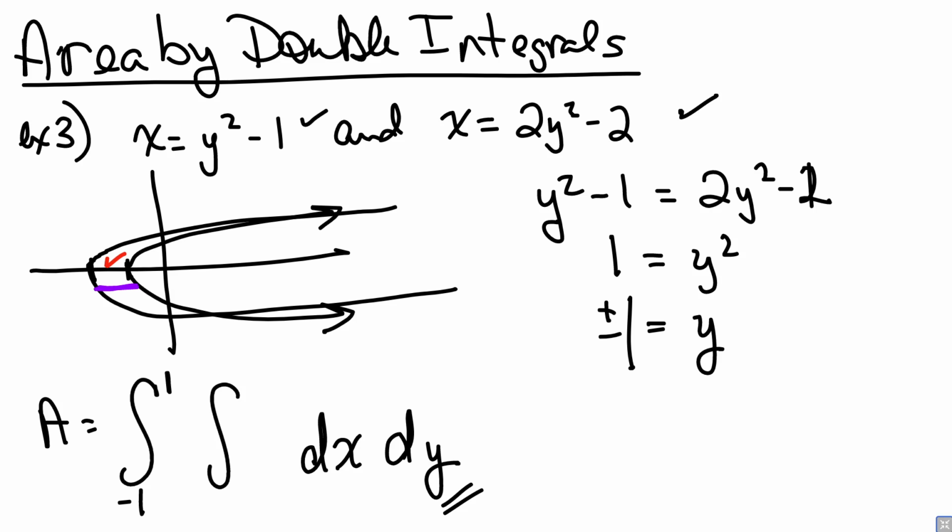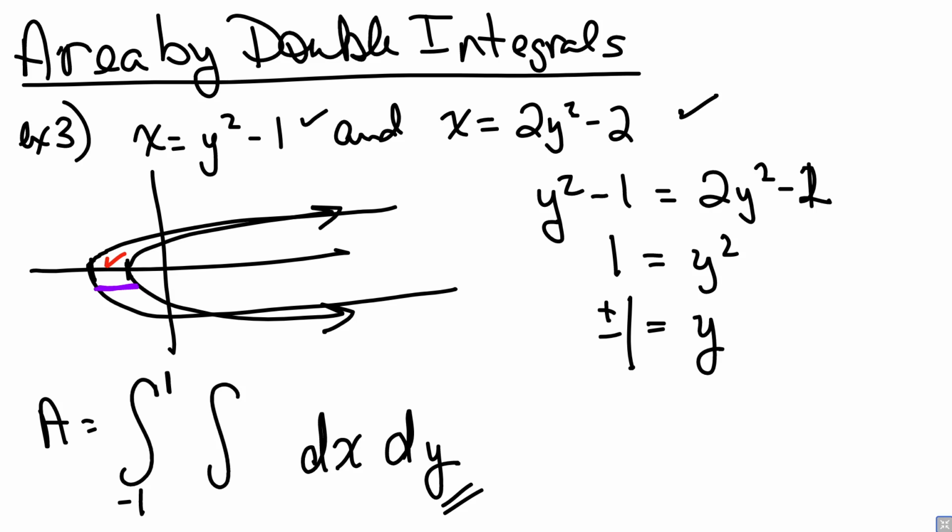So you have to ignore how we set up for area when we were doing it as a single integral, because when we did it as a single integral, we did right minus left. But as a double integral, if we're doing lower limit to upper limit, we need to determine what's on the left because that will represent the lower, and what is on the right will represent the upper.